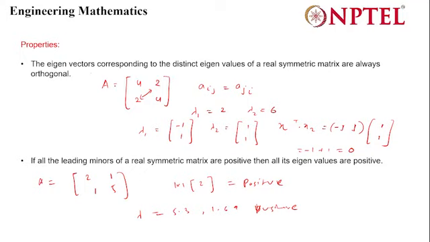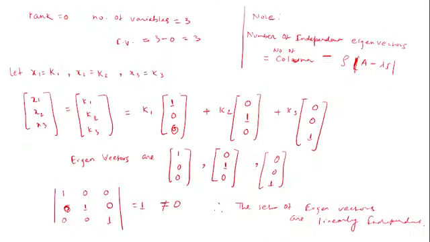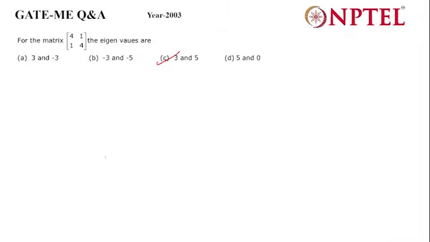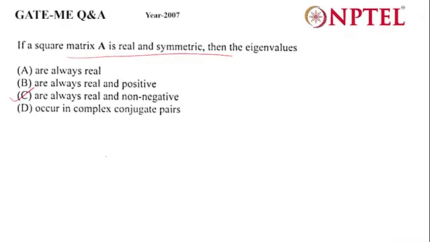See, in this property, if all the leading minors of a real symmetric matrix are positive, what does that mean? Leading minors. So in this question, what are they asking? Symmetric.